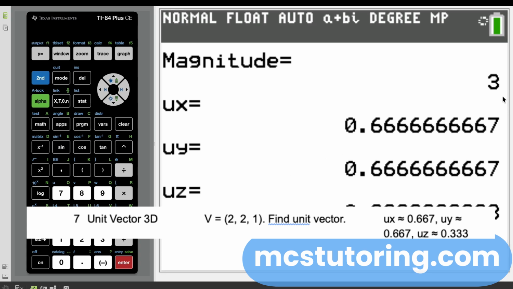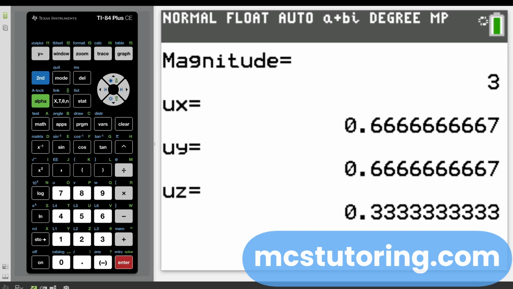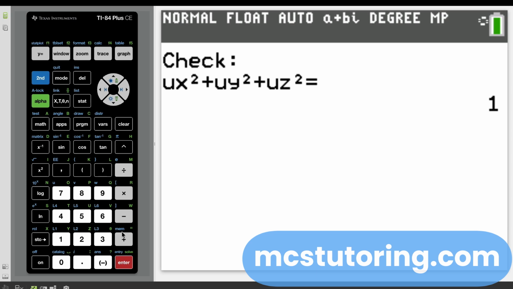The magnitude equals 3, and u sub x is approximately 0.667. The u sub y is approximately 0.667, and uz is approximately 0.333. The check confirms ux squared plus uy squared plus uz squared equals 1. Clean result, and it took about 15 to 20 seconds.